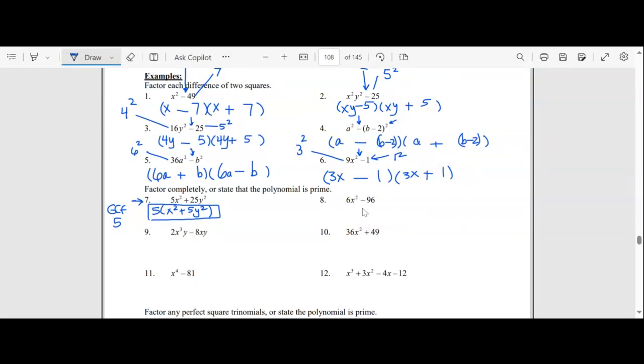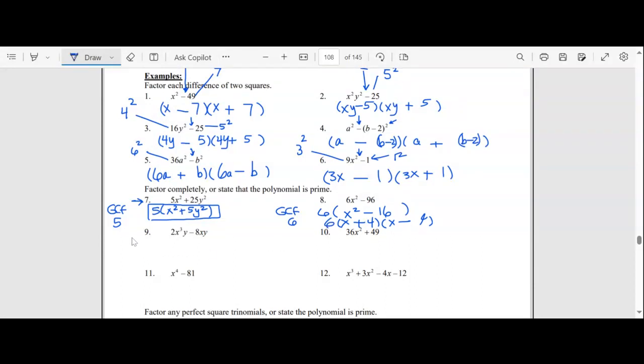I take 6 as greatest common factor. So if you take 6 outside, what's left? It's going to be x squared minus 16. Now, can I factor this? Yes, I can factor it. Difference of squares. x, 4, plus, minus. And don't forget the 6 outside.